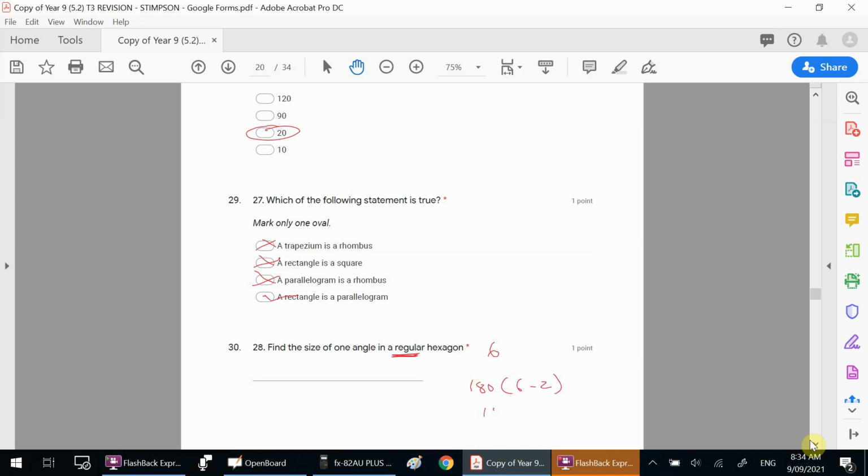That's 4. 180 times 4, or 720. So the total sum of all the 6 angles is 720. I've just given it away. 6 angles equals 720. One of them is 120. Size of one angle is 120 degrees.